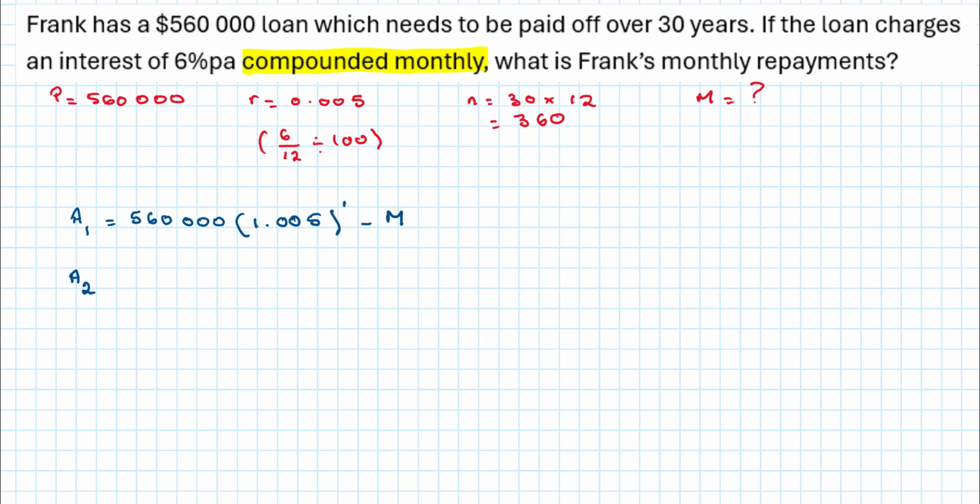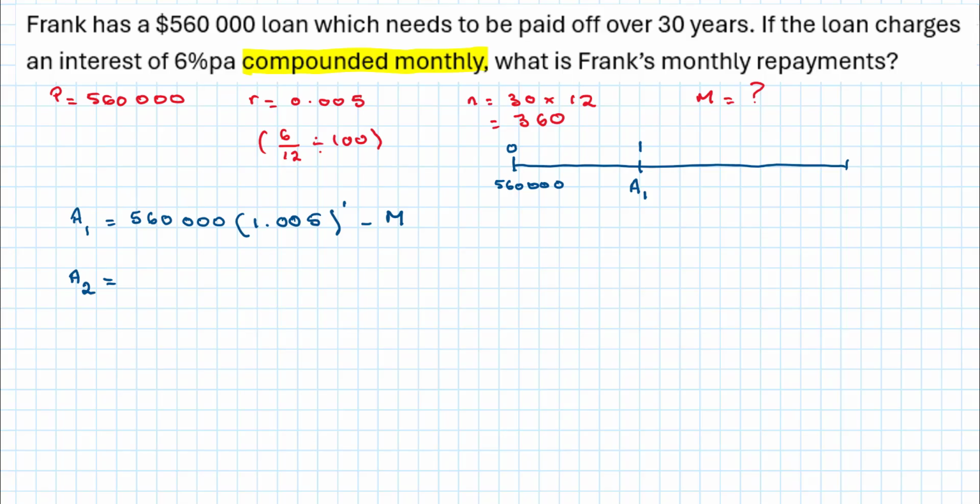interest is calculated again, but this time for the second month. If I draw a timeline, we had our $560,000 right at the beginning, at the start, 0. After 1 month, our loan is A1. It's no longer 560,000.